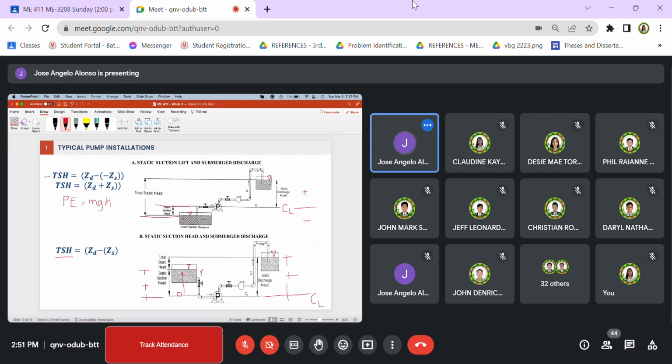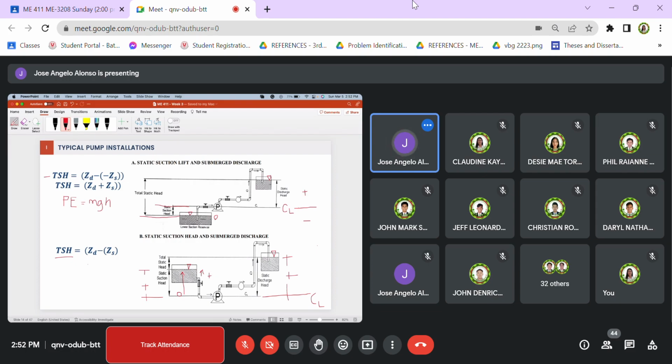So mas mataas yung potential energy dito sa side na to in compare kapag ang elevation ng tubig is below or ang elevation ng reservoir is below our center line. So assume natin na dito is zero ang kanyang potential energy while here will be zero plus kung ano yung static head ng tubig.